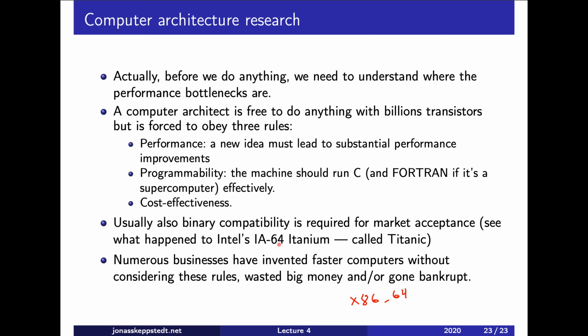So they took Intel's x86, they were already doing this for the 32-bit, and then they created a 64-bit version of it, and then Intel was forced to skip this. I mean, it was no longer the focus because AMD created a market for 64-bit x86 machines. So the attempt to get rid of x86 failed.